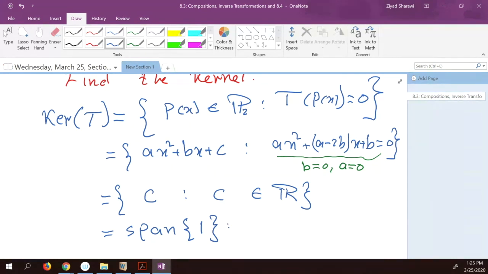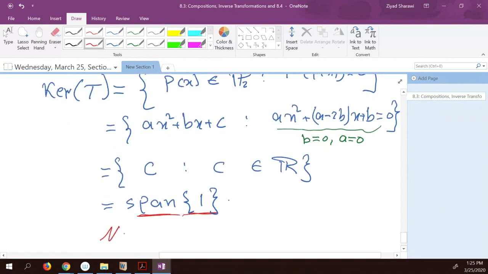Mu'tasim, look here, it's very important. The kernel is the span of this. The nullity is 1. Don't mix up the nullity and the kernel. Look, in this question the nullity is 1, but the kernel is the span of 1.